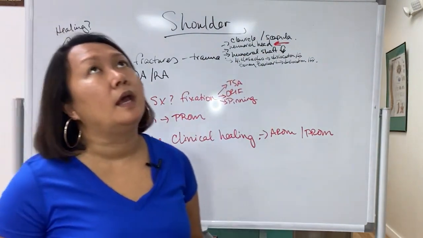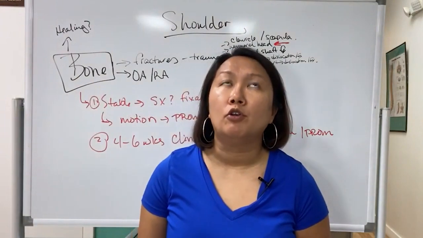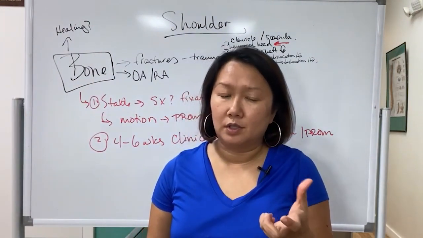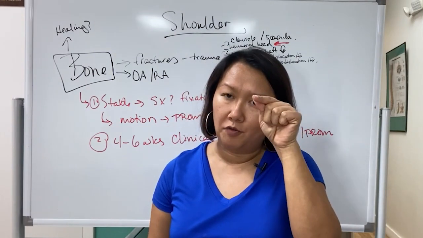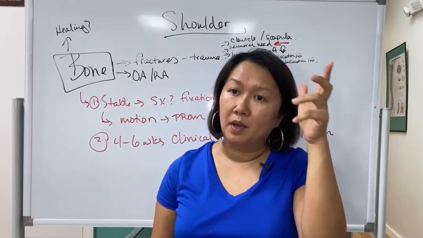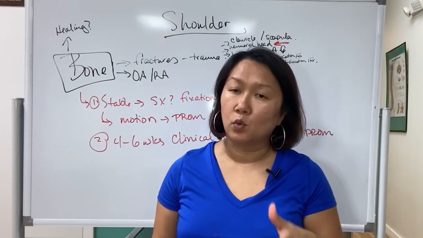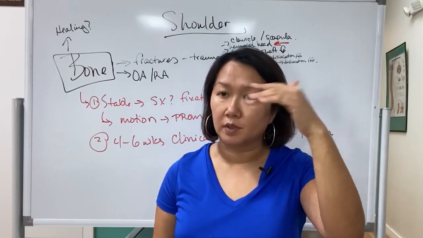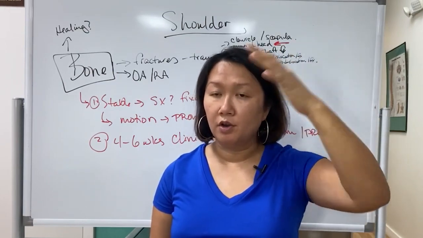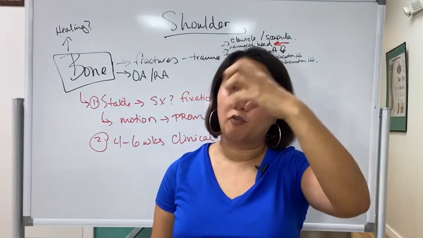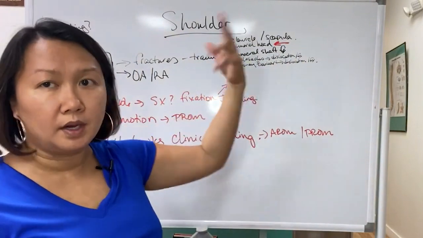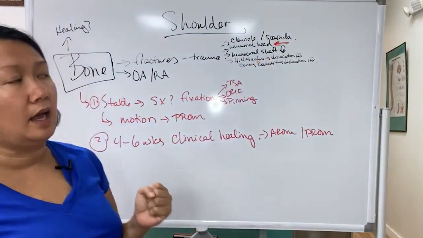If it was a greater tuberosity fracture, which is just like one speck off of the humeral head, right? You might not be able to move that because what's attached to it? The rotator cuff muscles are attached there. And so you start doing active range of motion, the muscle's gonna pull on that fractured part, right? So most of the time, they're gonna pin it or they're gonna do something to stabilize that so you can start to move.